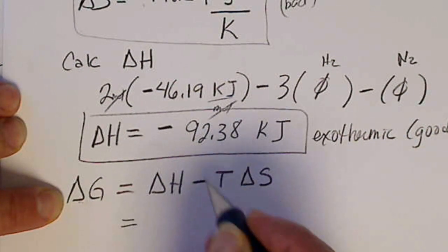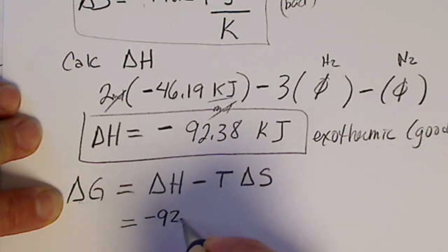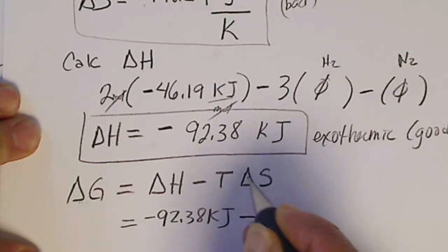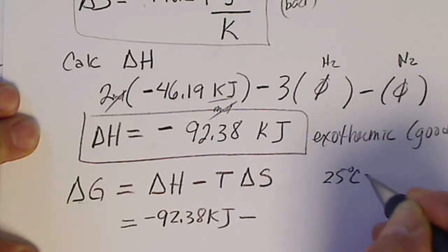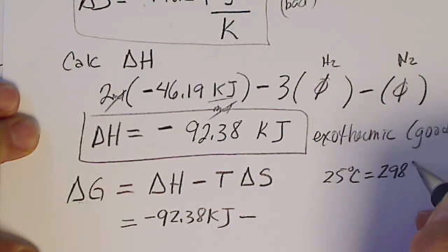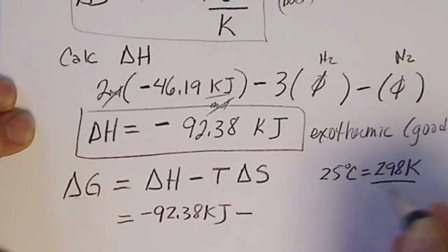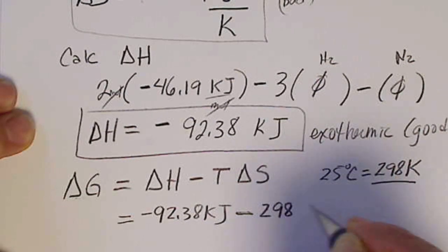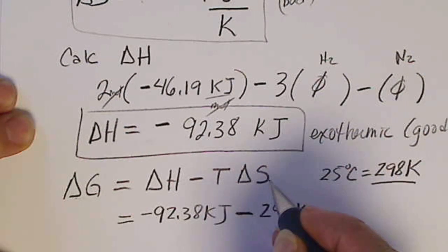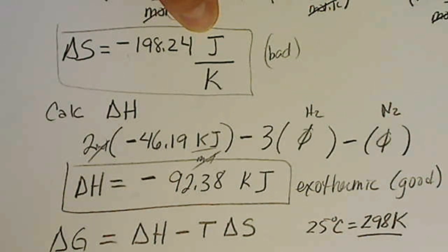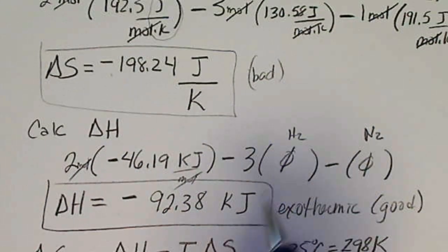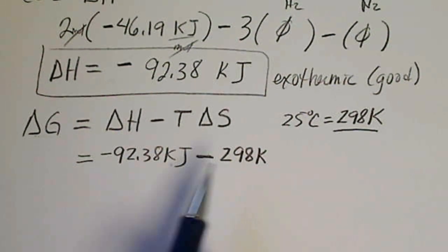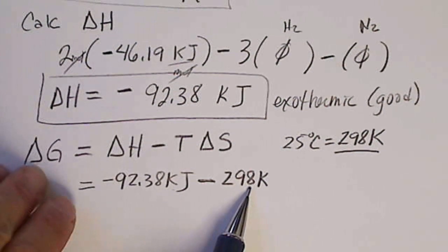So if we plug in delta H, negative 92.38 kilojoules, minus our temperature, 25 degrees Celsius, is 298 Kelvin. So we've got to convert our temperature to Kelvin. So minus 298 Kelvin, and our S term is in joules. So we can't add a kilojoule to a joule. Whenever we're adding or subtracting, we have to have like terms.